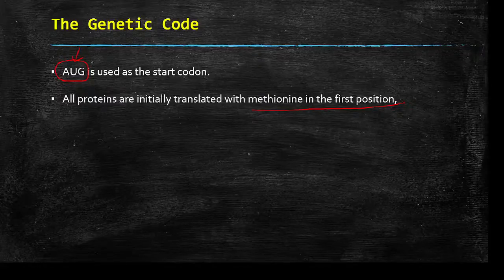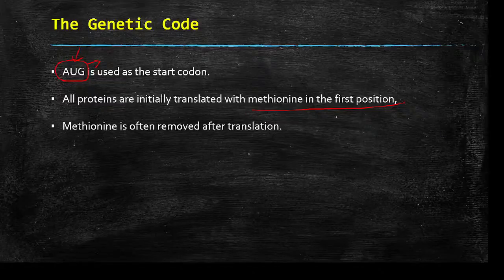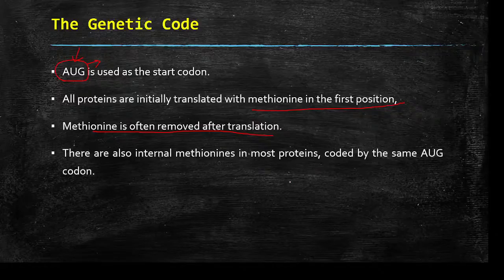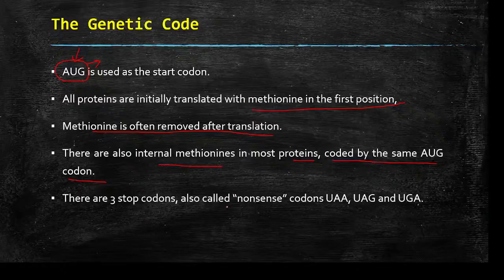AUG codes for methionine, and that is the start codon, and the first amino acid during translation is methionine, which is often removed after translation during post-translational modification. There are also internal methionines in most proteins, which have nothing to do with the first position, and they are also coded by the same AUG codon.